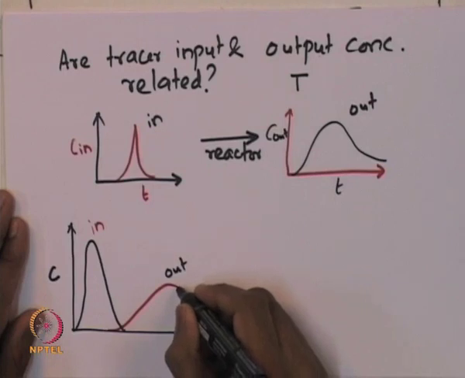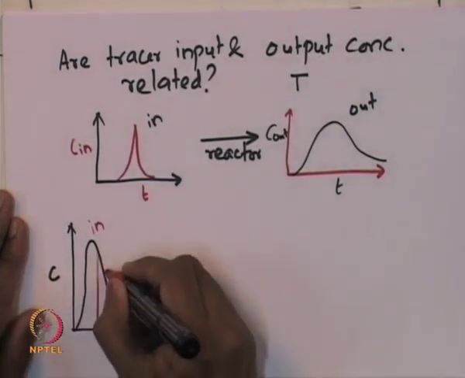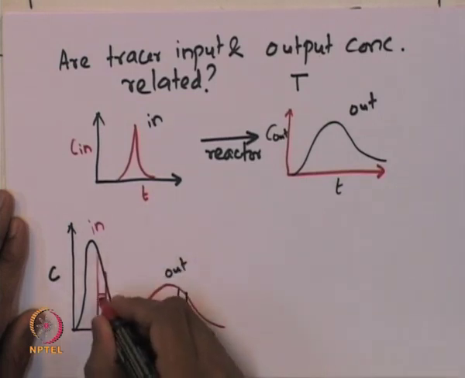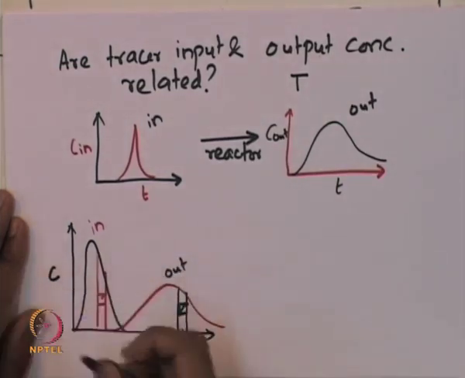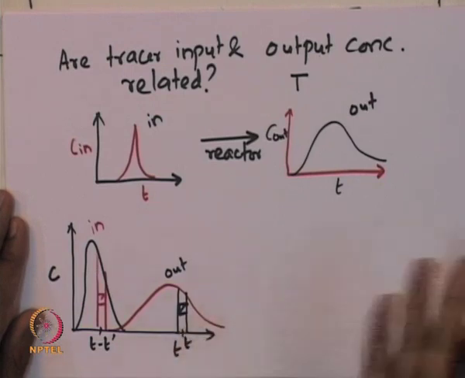Suppose I take a specific rectangle, a specific element at a certain time t, and similarly a small element here, which is at t minus t prime. It is exactly the fluid stream that entered the reactor t prime time earlier than the time t at which I am monitoring the concentration of the species in the outlet stream.